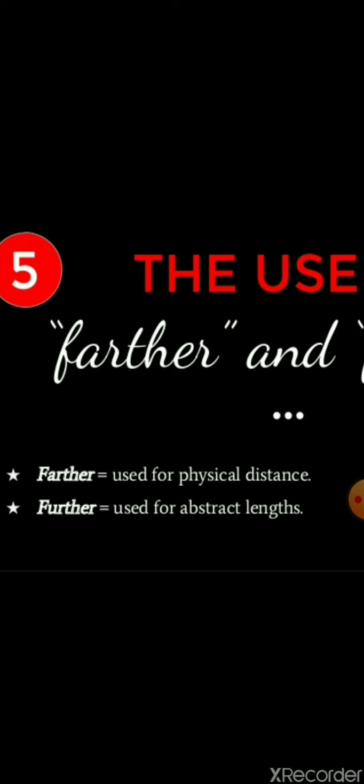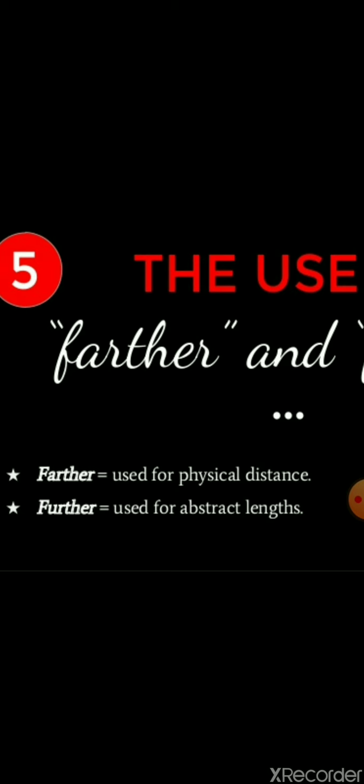I hope you understood. Coming to the fifth, the use of farther and further. Very simple. Farther is used for physical distance. Far: just take out the first three letters, far, related to distance. So it is giving you a clue as well. And further is used for abstract length.